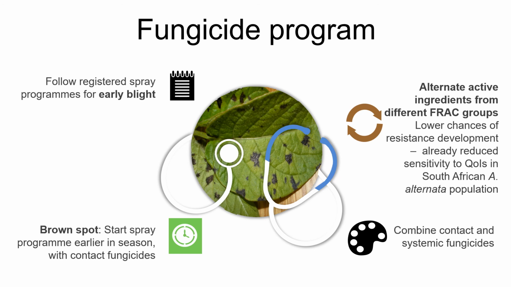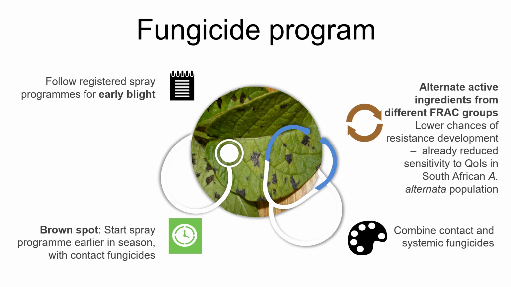We need to bear in mind that there is already reduced sensitivity to the QoI fungicides in the South African Alternaria alternata population, and there are indications that there may be reduced sensitivity to other active ingredients. It's been documented in many parts of the world that Alternaria alternata develops resistance or reduced sensitivity very quickly to numerous active ingredients in different FRAC groups.